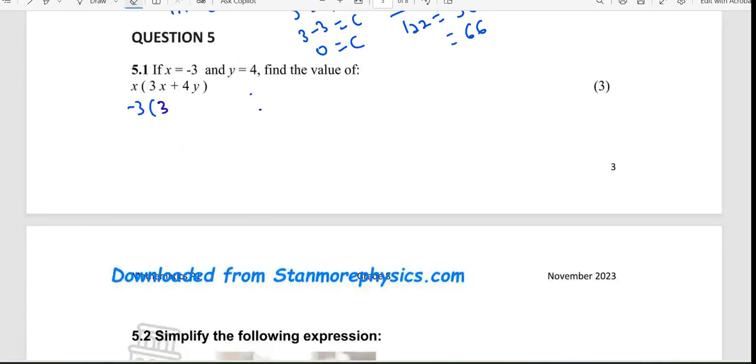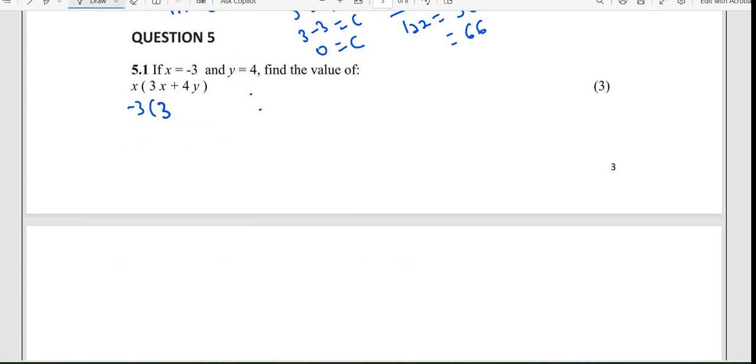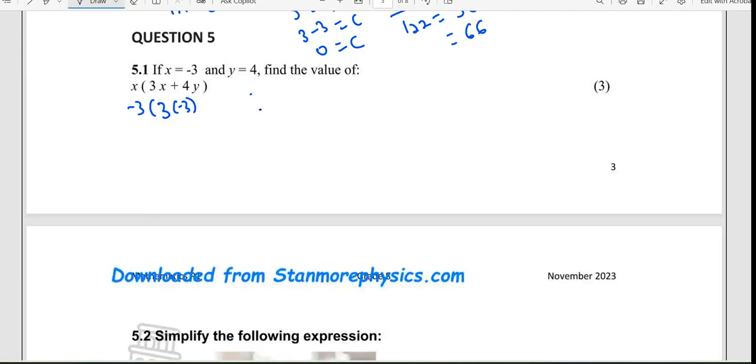Let me quickly rub here. I think my pad is really misbehaving.